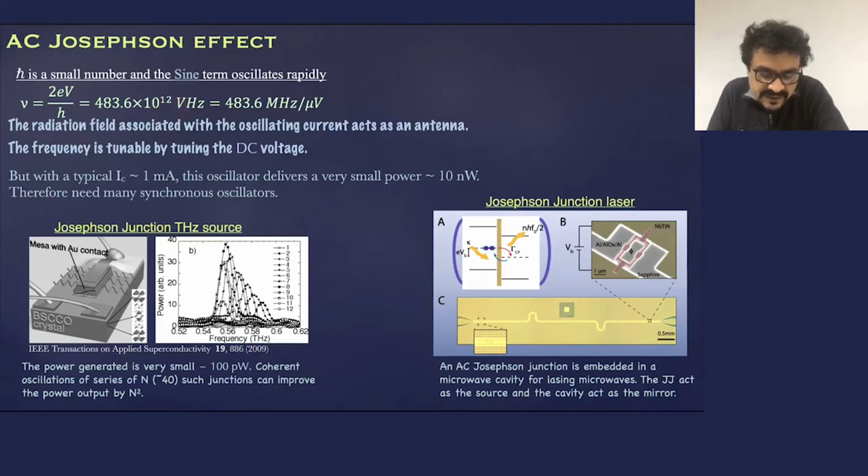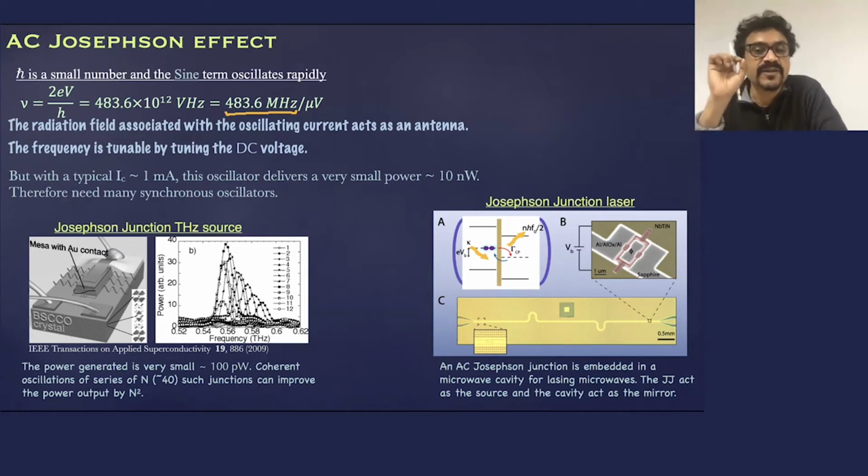That many hertz, that's what it is. If you apply 1 microvolt, that means you will get 483.6 megahertz. It's a very, very high frequency.